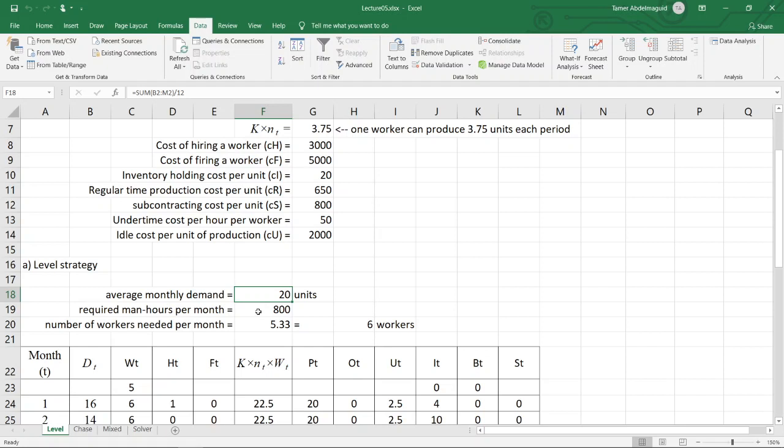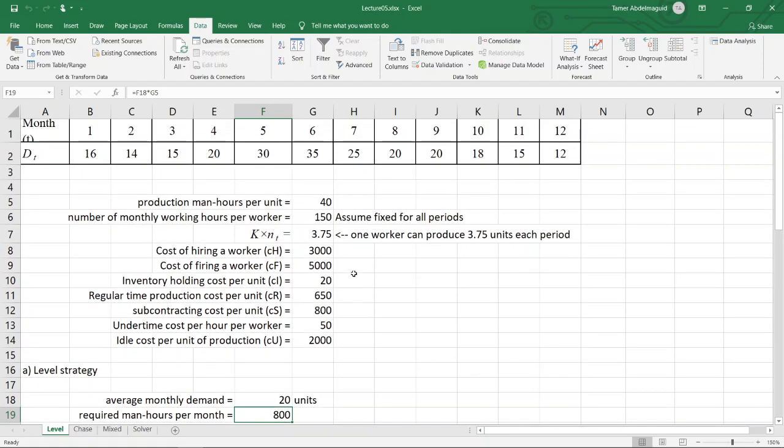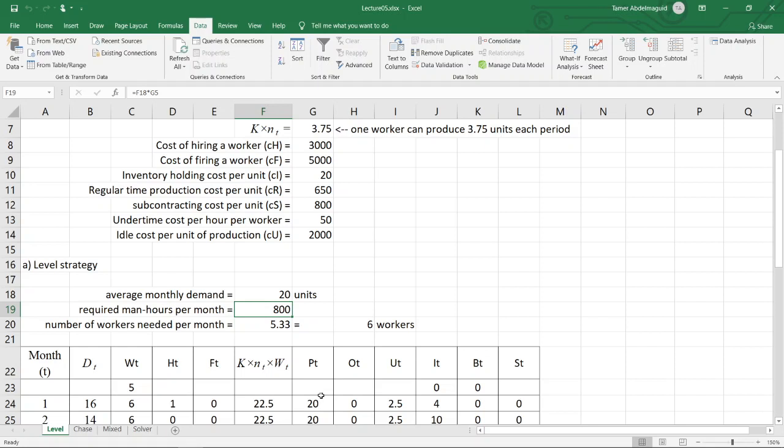Now, if you need 20 monthly units of demand, this means the required man hours can be calculated. Required man hours here is simply the multiplication of the production man hours per unit times the average number of units. So this will give us the required man hours per month on average, which is 800 man hours.